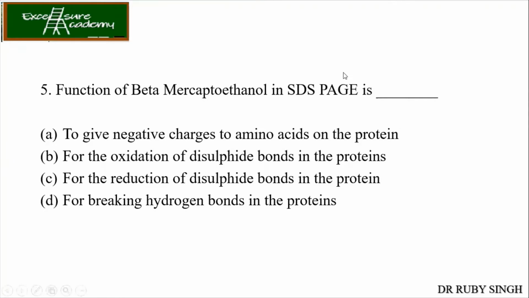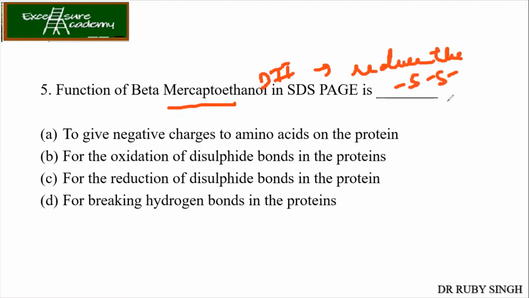Now, the function of beta mercaptoethanol in SDS-PAGE is dash. In this case, we remember that when we talked about BME, which is also called 2-mercaptoethanol, I have also mentioned the DTT case. BME and DTT were used in order to reduce the disulfide bond, right? What happens when it is reduced?